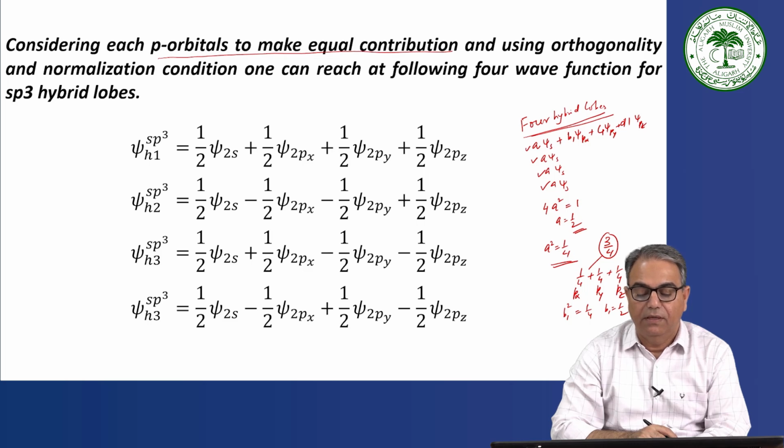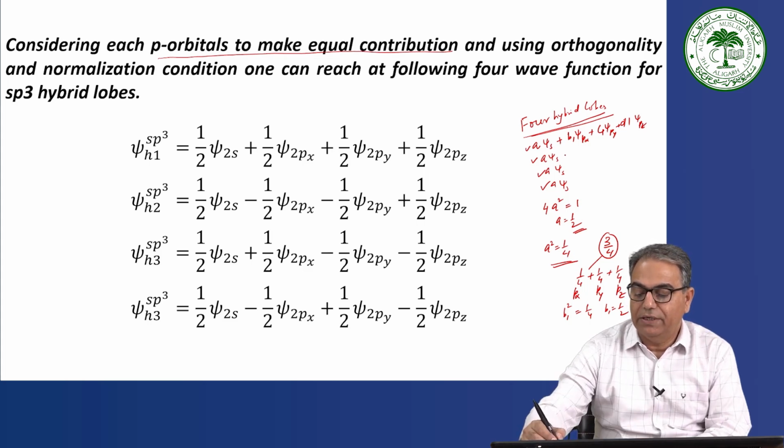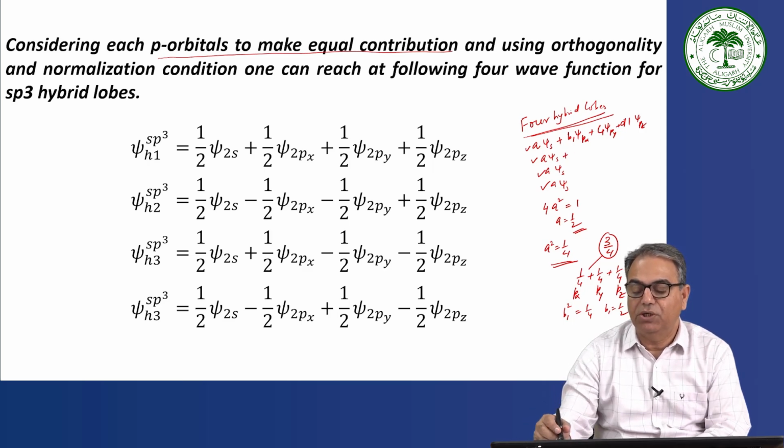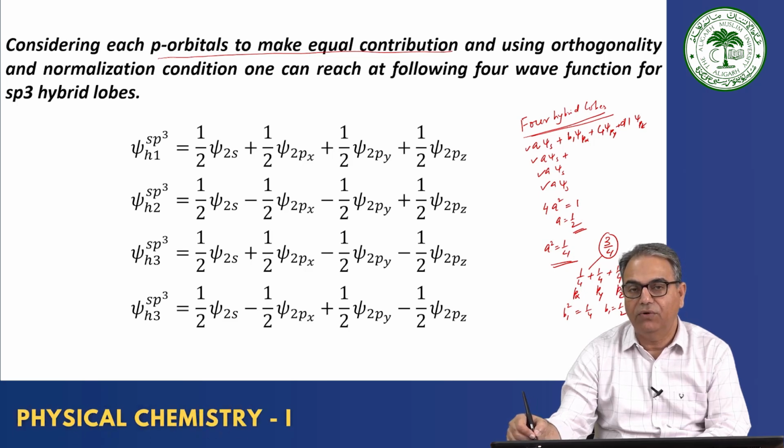Okay. If you find out for psi h2, then what you can write? You can write again the contribution for psi s remains the same, 1 by 4. So here also you can write 3 by 4, 1 by 4, 1 by 4, 1 by 4 is the contribution. So what does it mean? It means b1 square is equal to 1 by 4.